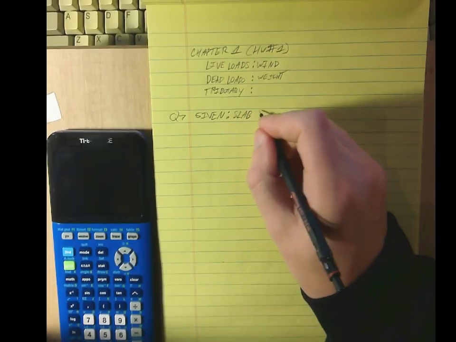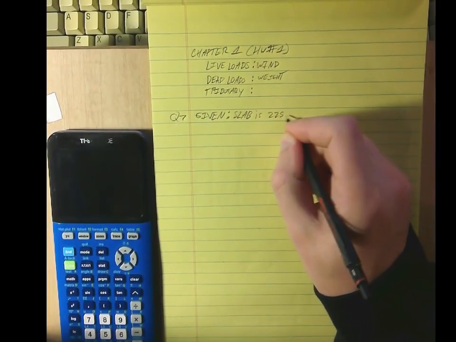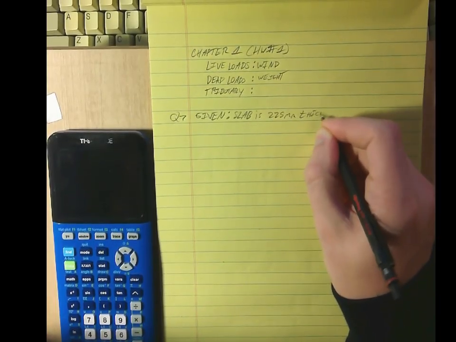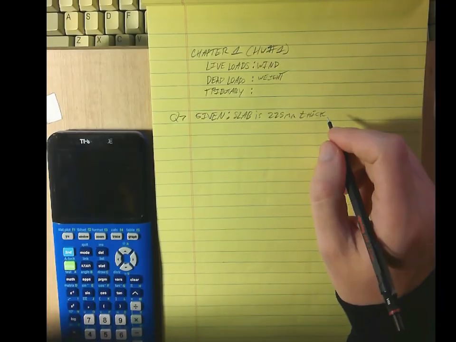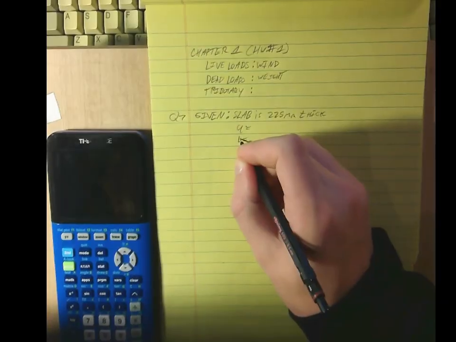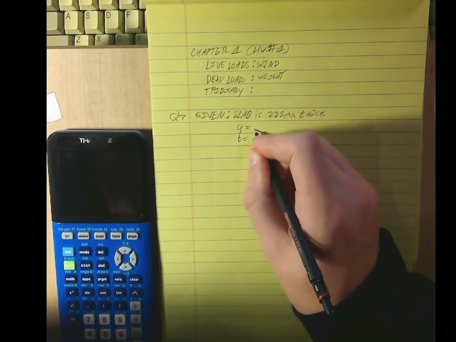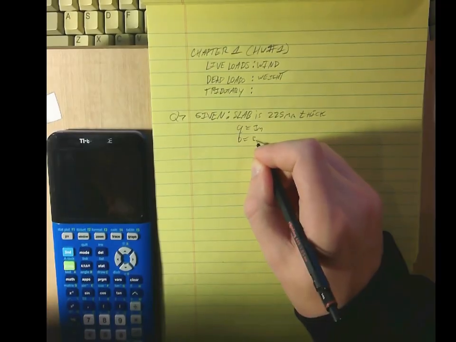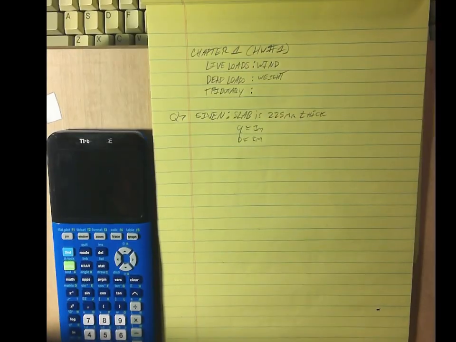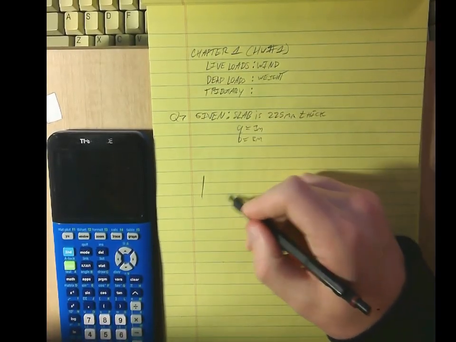Slab is 225 millimeter thick. And we are also told A and B are equal to 3 meters and 8 meters. And we have this figure, looks like this.